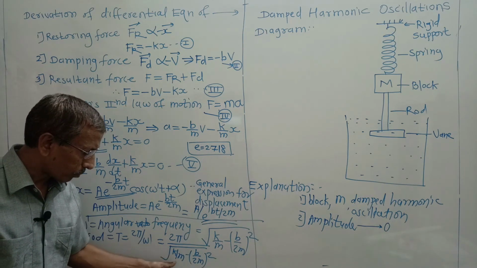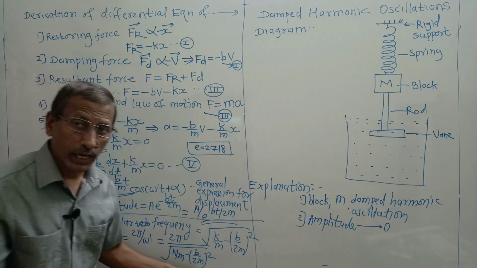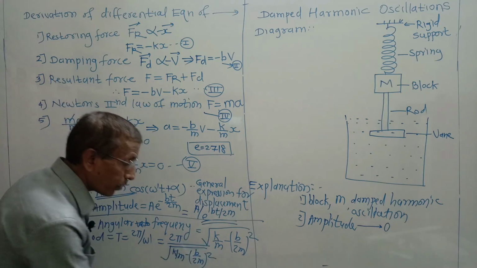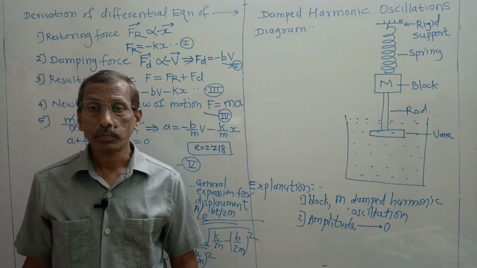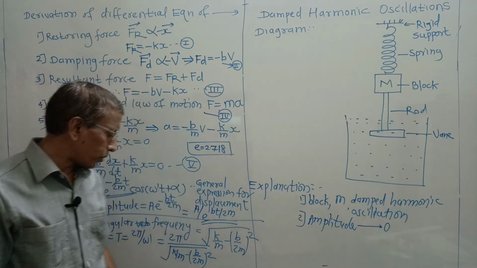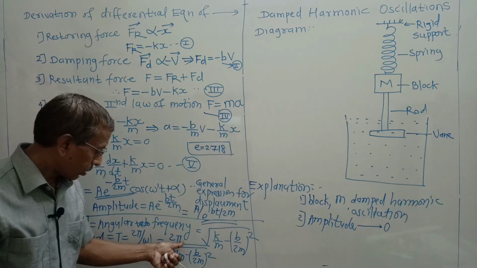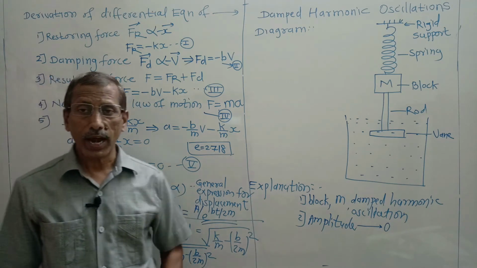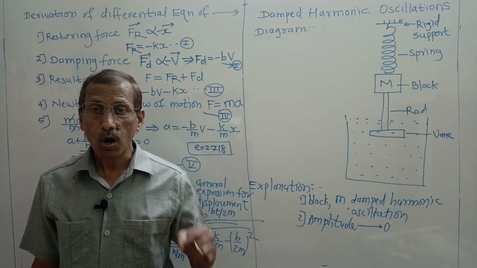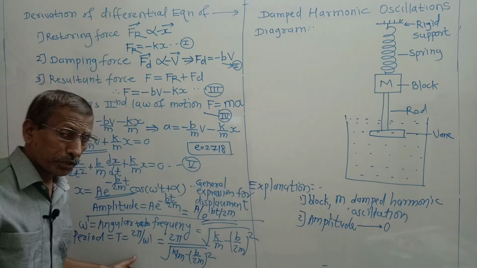So from this term a positive term is subtracted, so the value of the denominator decreases. As the value of the denominator decreases and the numerator is a constant, we can say that the period of oscillation increasing or decreasing.